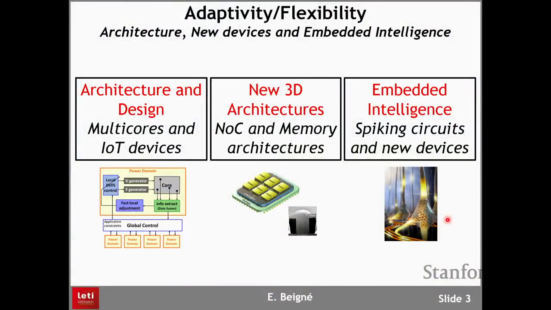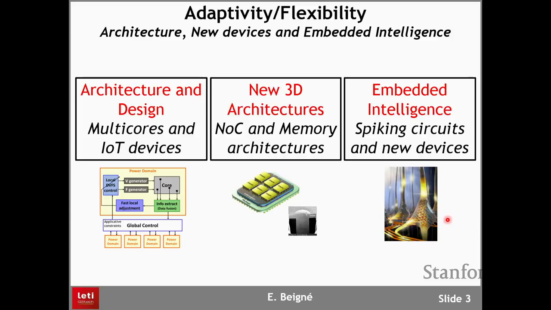It's always the objective. Of course, at the moment, with Moore's law and the scaling, the multi-cores will have more and more variations, and adaptivity will have some limitations. Then we can go to more interesting architectures using 3D devices, and I'll show you how we can have more flexibility there using interesting networks on chip and more memory-centric architectures.